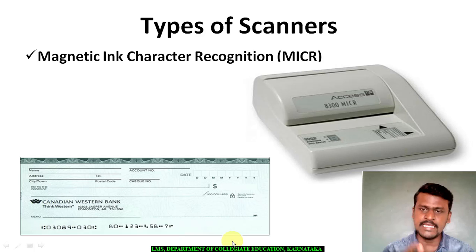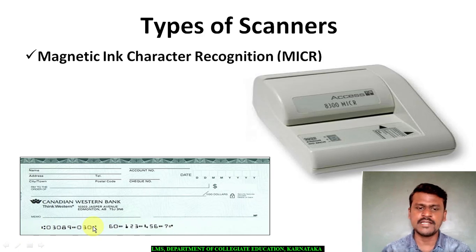That is a special ink used by the banking people to print the customer account number and the bank ID, or bank identification number, on the check, so that the customer will be recognized with the help of this ink.